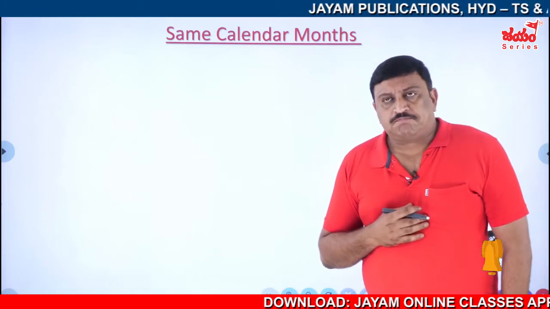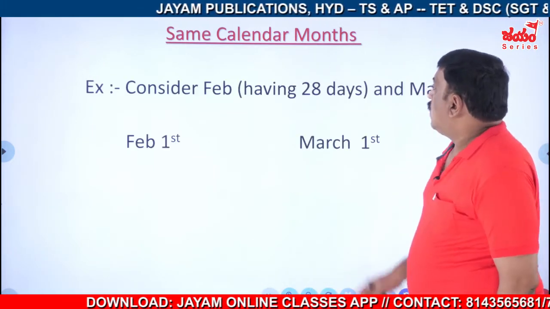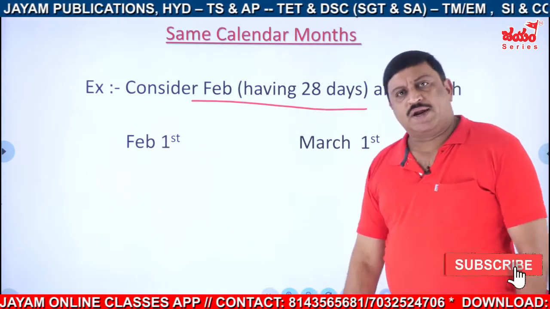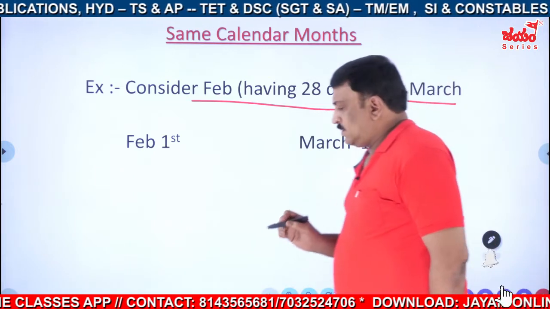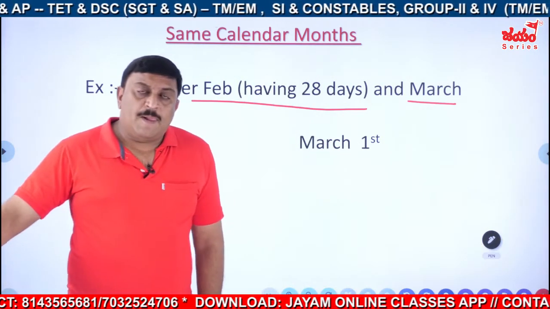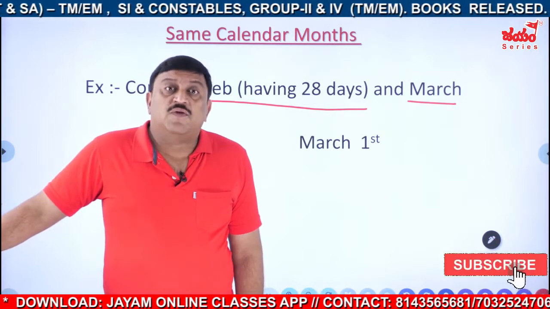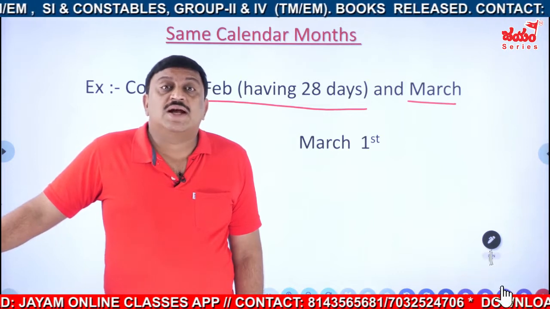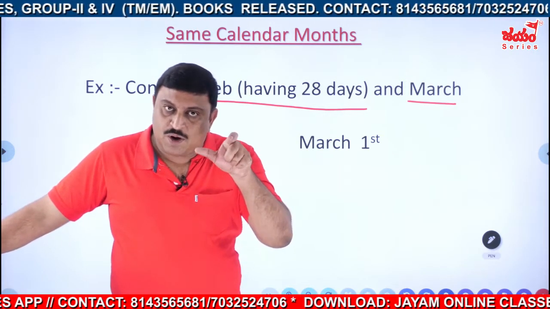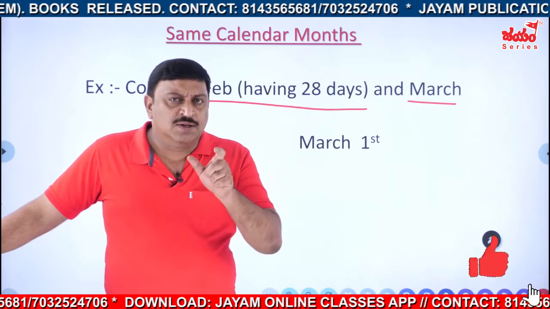Just observe February, which has 28 days, and March. That is a normal year. In a normal year, if you open the calendar and see, pause the video and look at February and March.